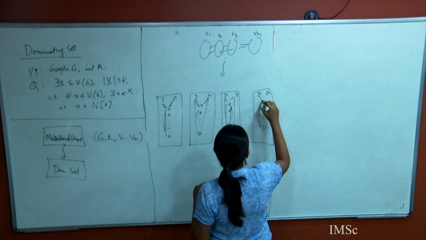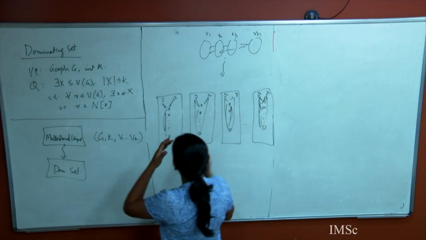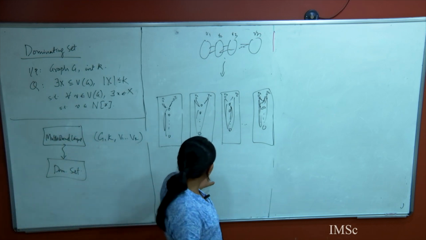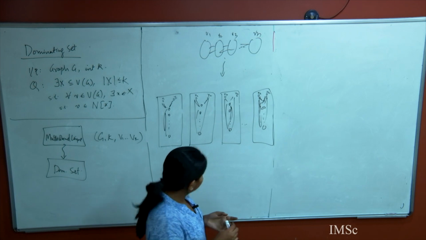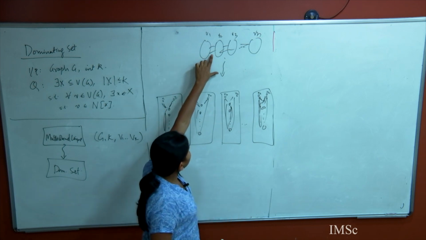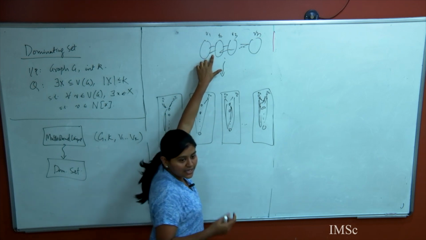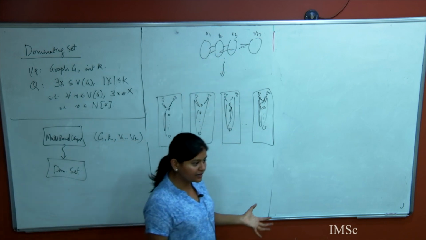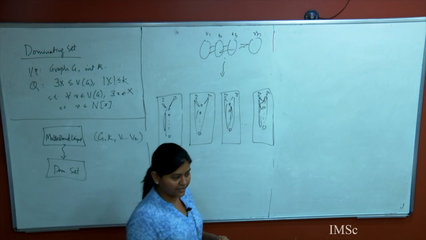So we have edges here. Now I need to ensure that it forms a clique. So for this I have to somehow encode these edges, because these edges tell me who can be part and who cannot be part, right? So I need some way to encode the edges.